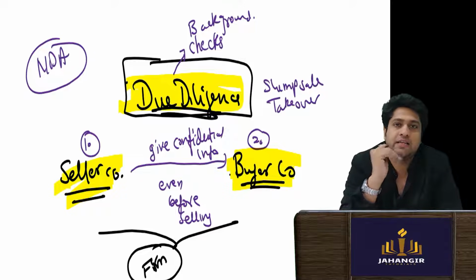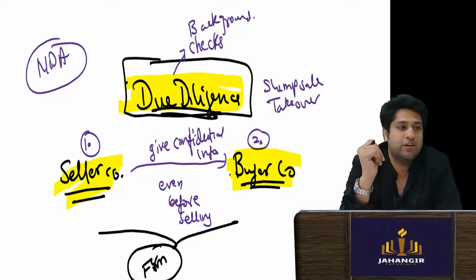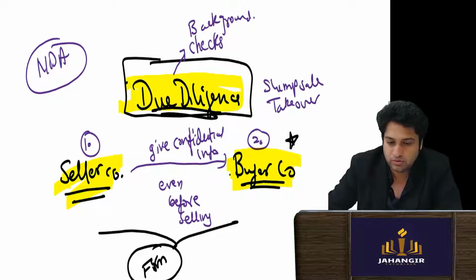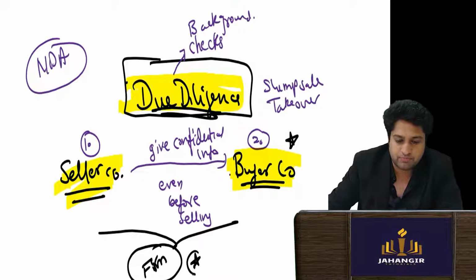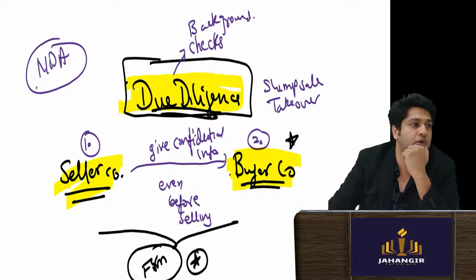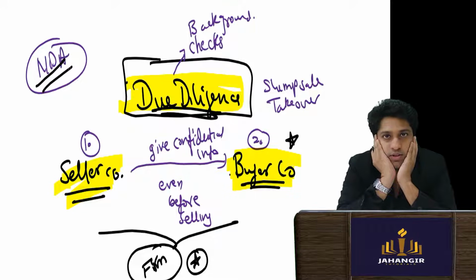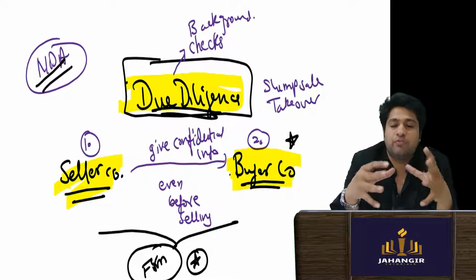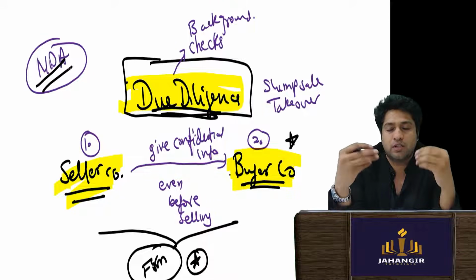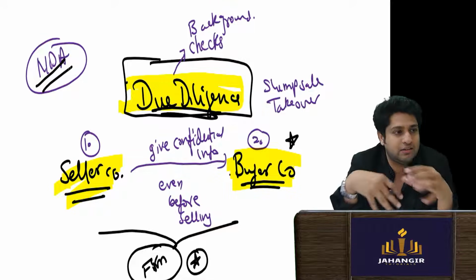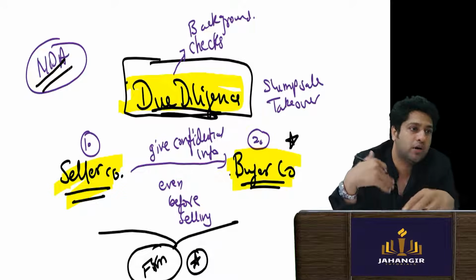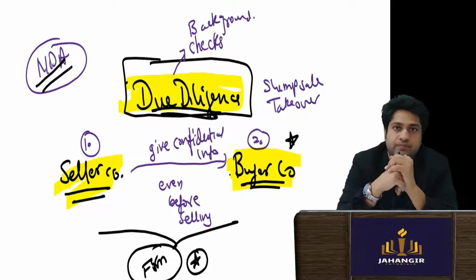Now they will say, listen, we are sharing all confidential information not only with you but also with this firm. So I want you all to enter into a non-disclosure agreement that confidential information, correspondence, documents will be shared in this process for the takeover, for the slump sale.